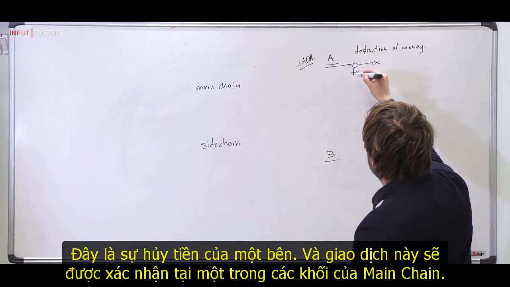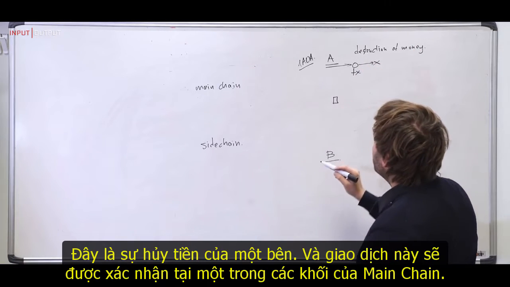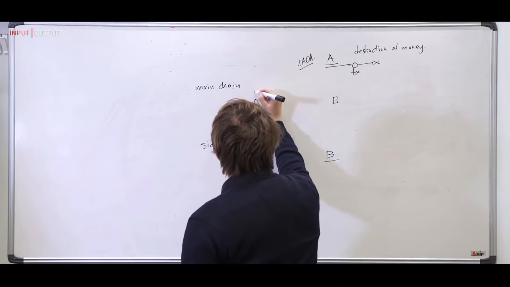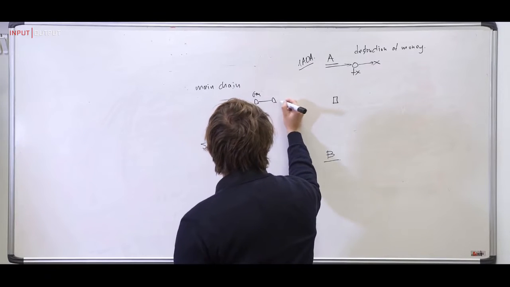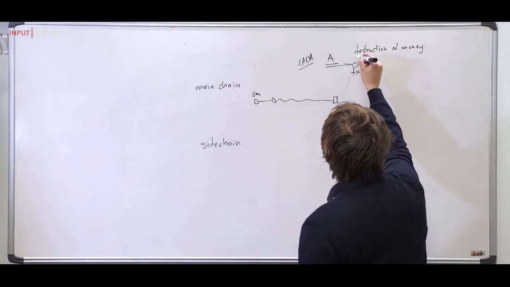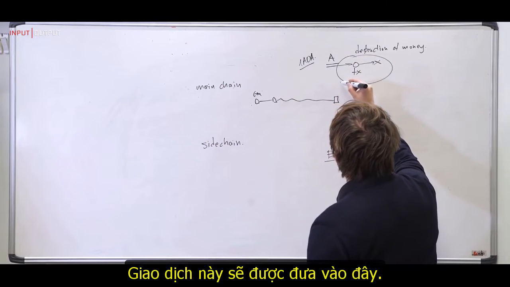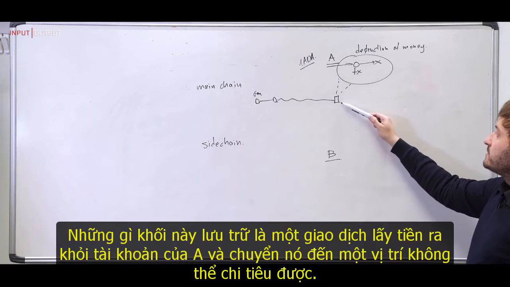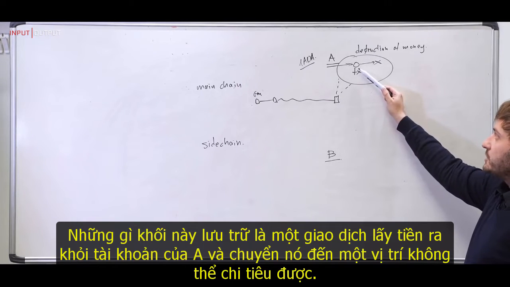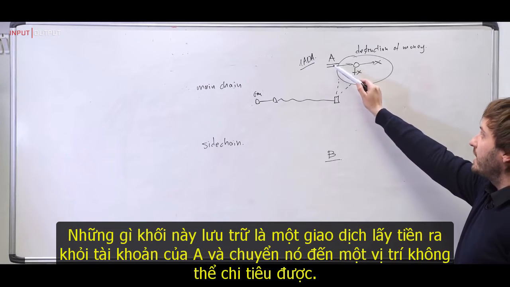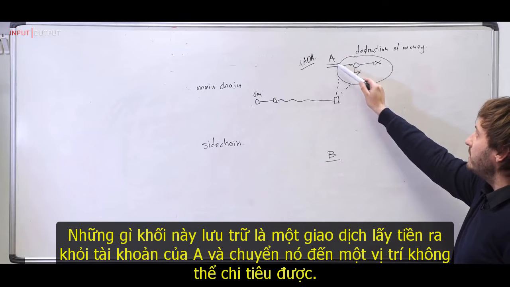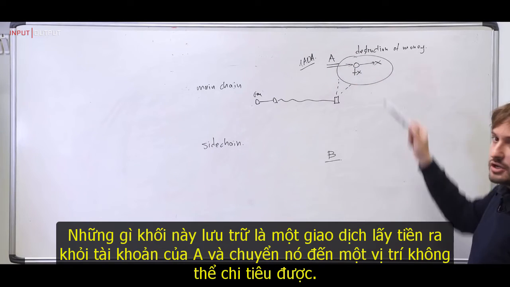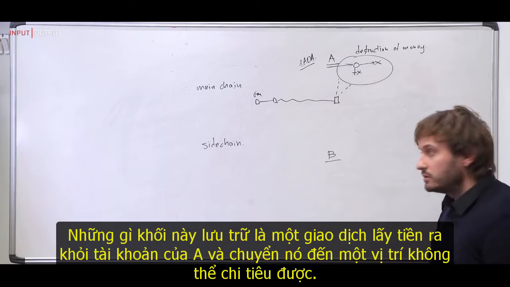And this transaction is going to be confirmed in one of the main chain blocks. So this transaction is going to be put in here. So what this block stores is a transaction that takes money out of the account of A and moves it into a location that is now unspendable.